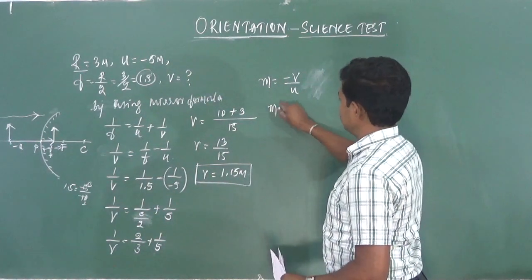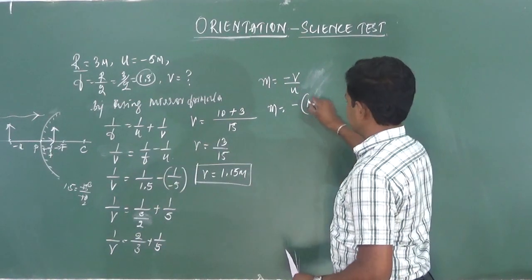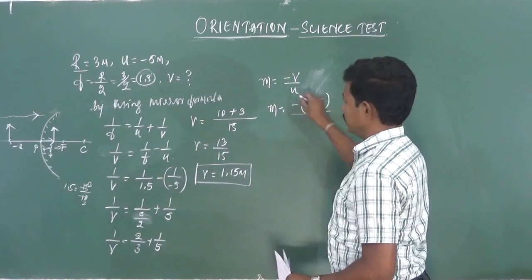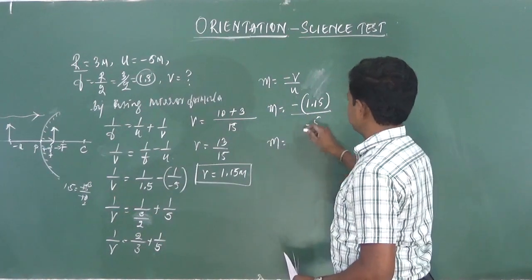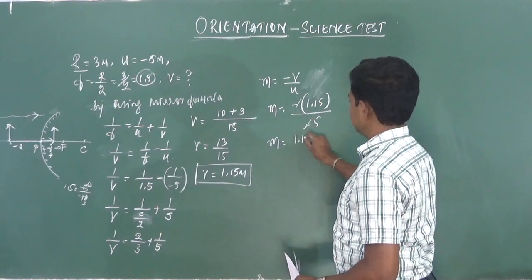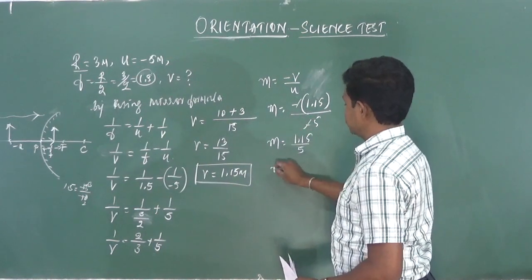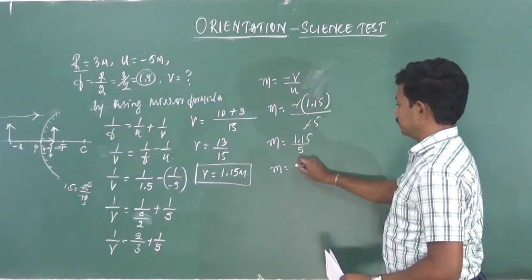So m is equal to minus v by u. The v value we have got is 1.15, and the u value is minus 5. So minus and minus cancel, 1.15 by 5. So m is approximately 0.23.